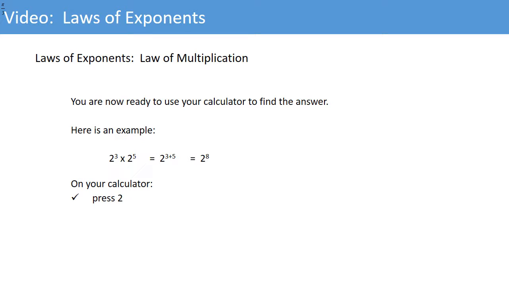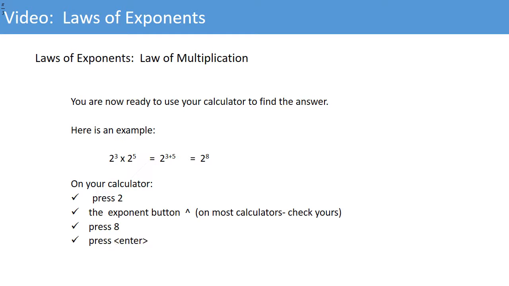Now, on your calculator, press 2, press the exponent button. It could be the little caret sign, or it might be a different symbol on your calculator. You need to check. Press 8, press enter, and the answer should be 256. Check this out. Is that what you have?